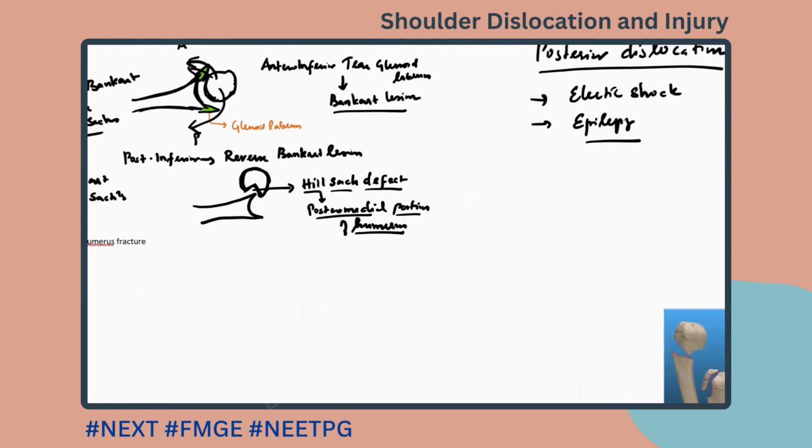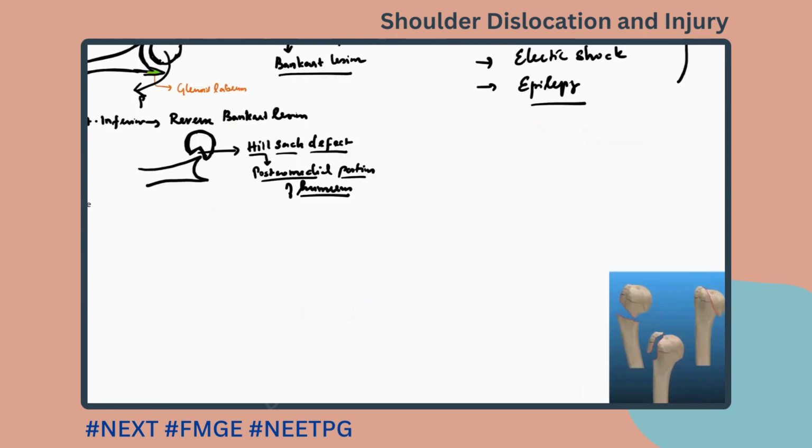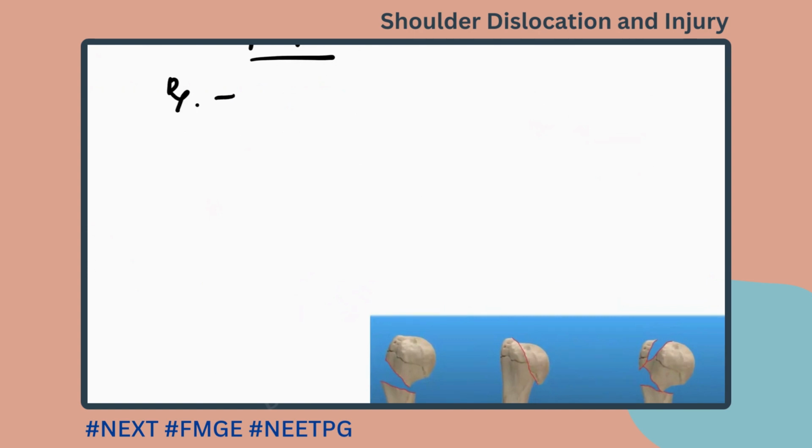And how are you going to treat a shoulder joint dislocation? You can treat it by various methods. See, this is the first dictum in orthopedics: dislocations are emergencies. So that has to be treated at the earliest. You have got various methods to reduce the shoulder joint. The method which is most commonly used is modified Kocher's method.